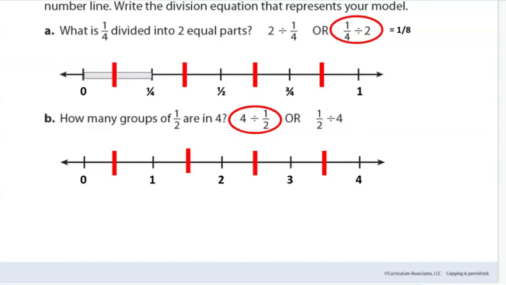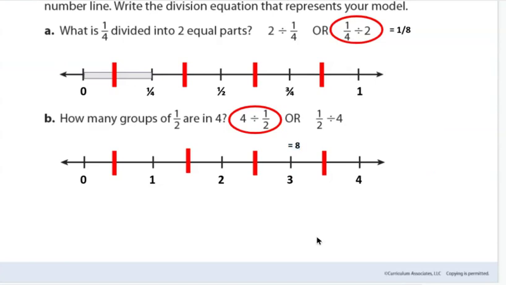So in this case, I can see I have one group, two groups, three groups, four groups, five groups, six groups, seven groups, and eight groups. So the answer to this problem, 4 divided by 1/2, the answer is actually 8.